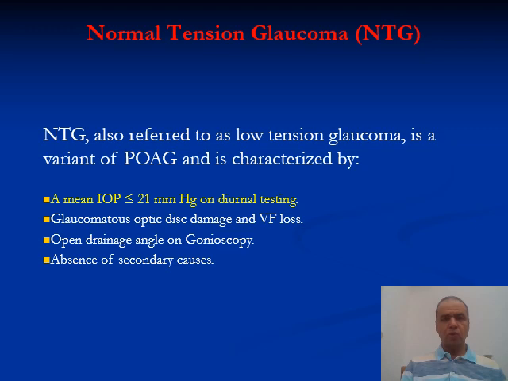Normal tension glaucoma is also called low tension glaucoma. It is exactly similar to the clinical manifestation of primary open-angle glaucoma, except that the intraocular pressure is equal or even less than 21 mm mercury.